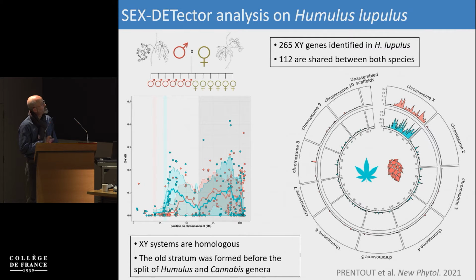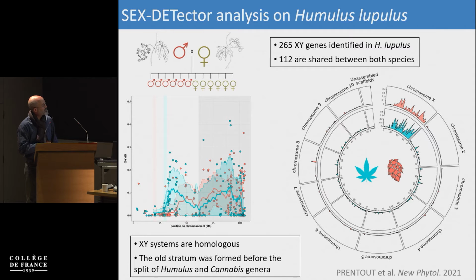And when we tried to map hop sex-linked genes onto the Cannabis sativa genome, we found that they all map to the same chromosome. Okay, so both systems are clearly homologous. And so when we looked at the XY divergence, we found out that actually there is probably two different regions.